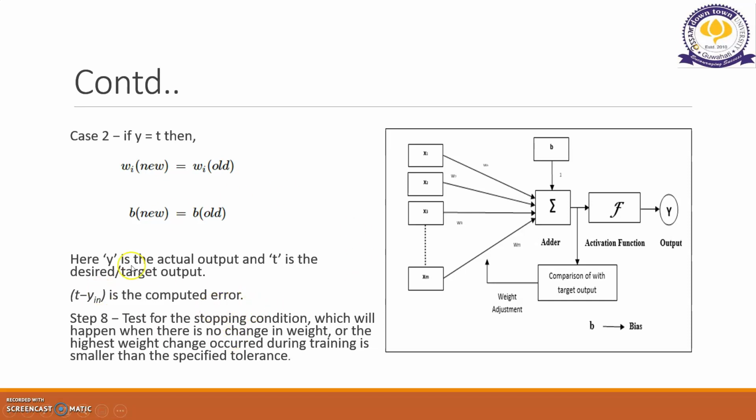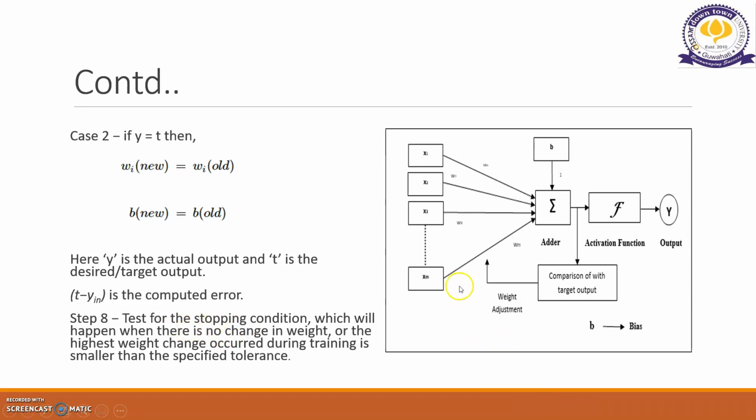This whole process will halt when it reaches a stopping condition, which happens when there is no change in weight or the highest weight change occurring during training is smaller than the specified tolerance.